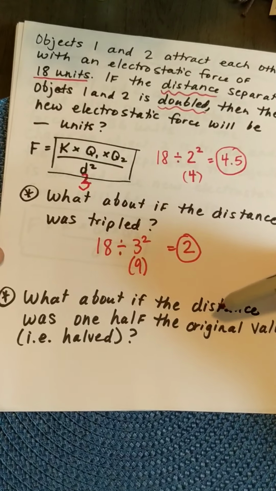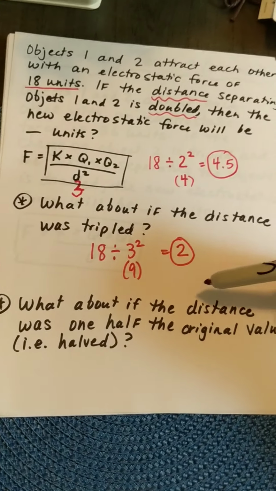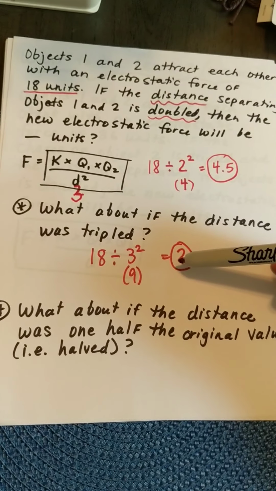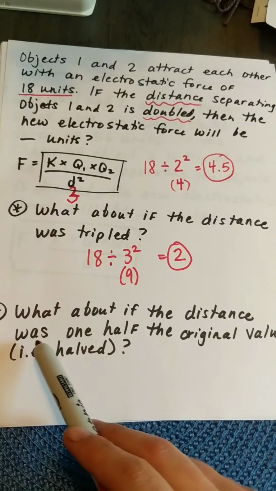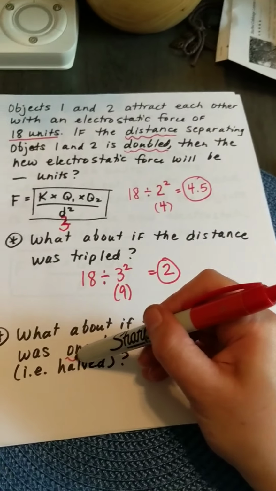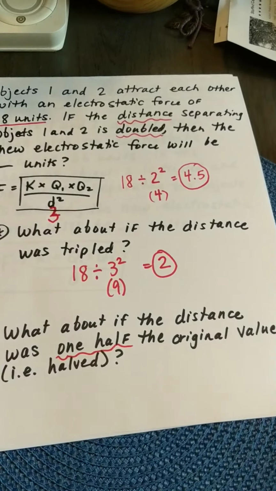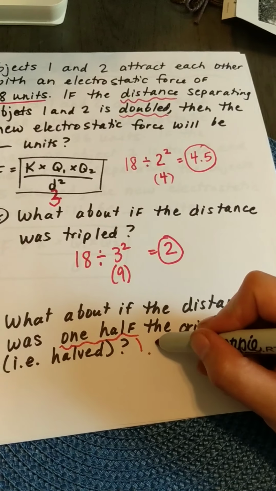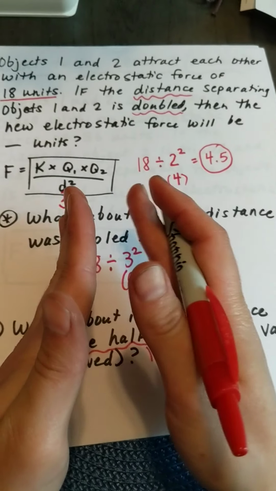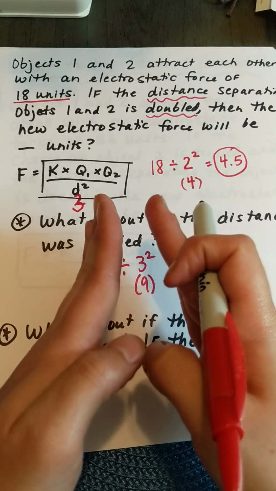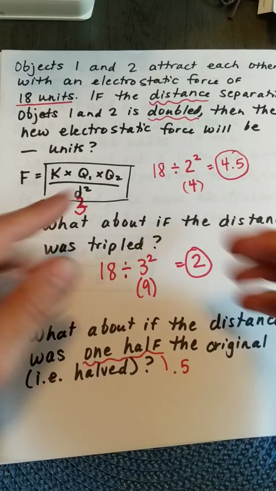Okay? What about if instead of doubling or tripling the distance, we halved it? So what about if the distance was 1/2 the original value, right? So 1/2 is 0.5. So what if it was reduced to half its original value, the charges are brought closer together? Well, what we would expect is if they're brought really close together, they would interact more, right?